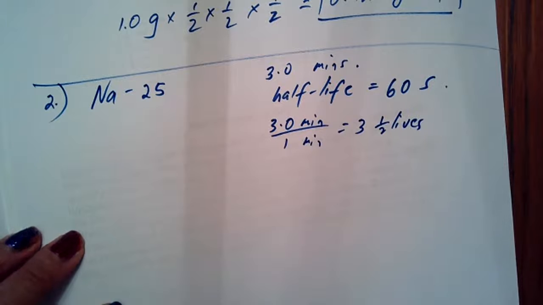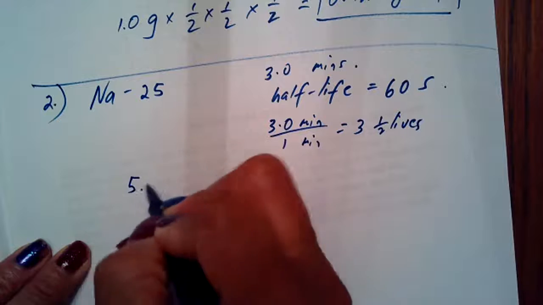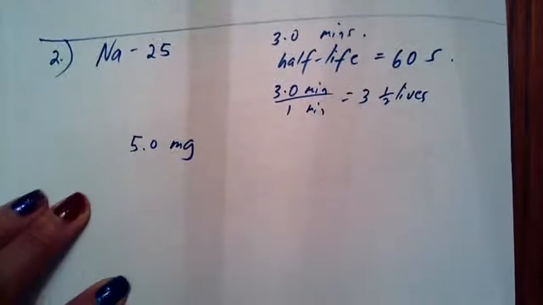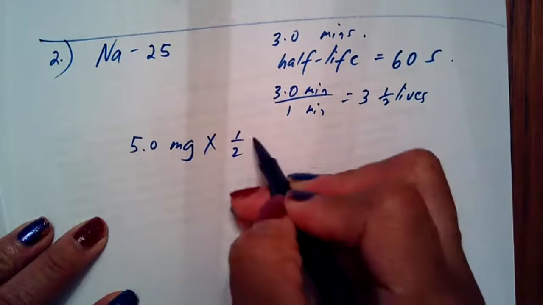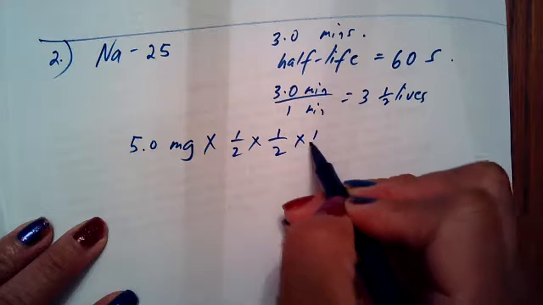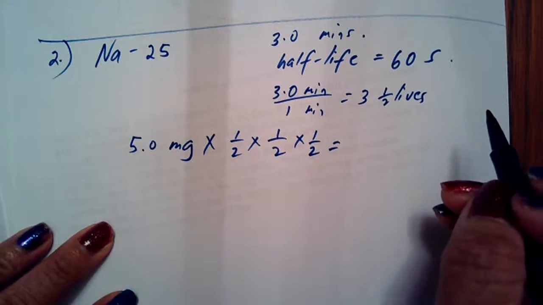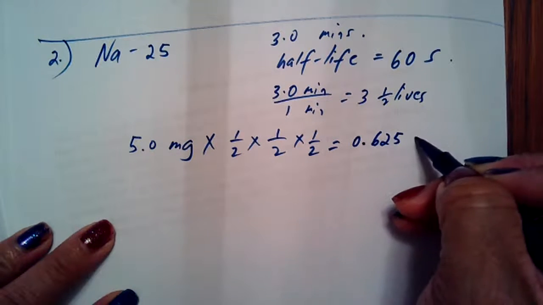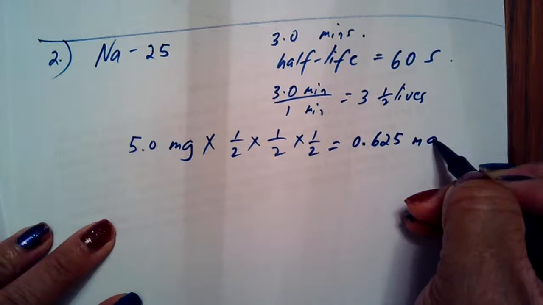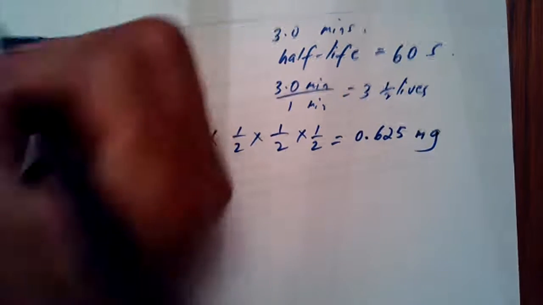So you had 5 milligrams to start with, and you had 3 half-lives, so times 1/2 times 1/2 times 1/2. And so 3 minutes later, you would end up with 0.625 milligrams of sodium 25.